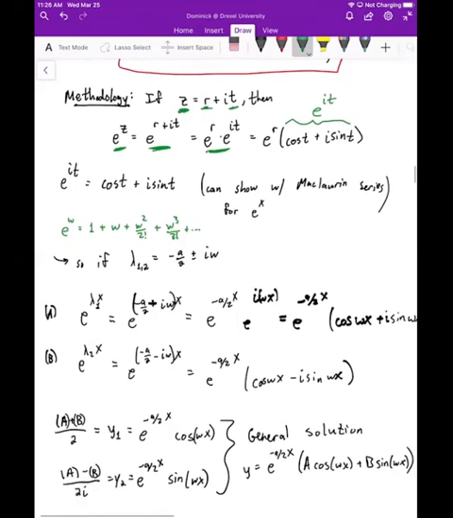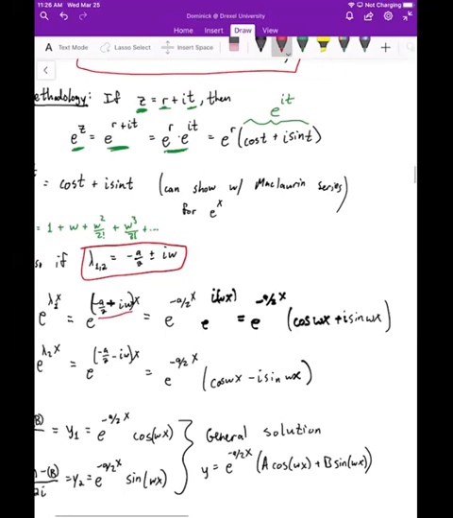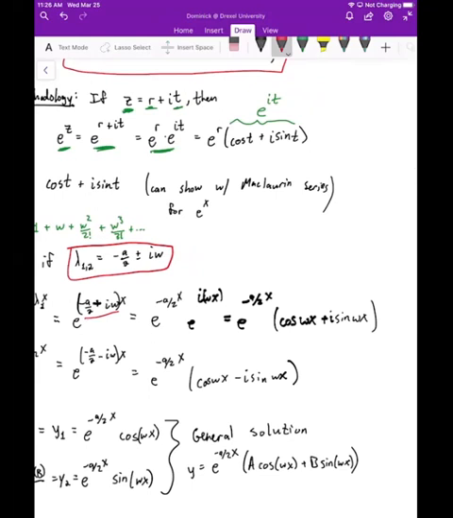So essentially what we're saying here is that if our two eigenvalues are given by these complex conjugates, then if I take e to the first eigenvalue, which is just the plus version of this, by exponents, I can say that I have e to the negative a over 2x.